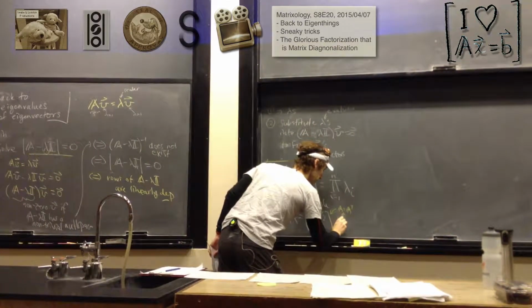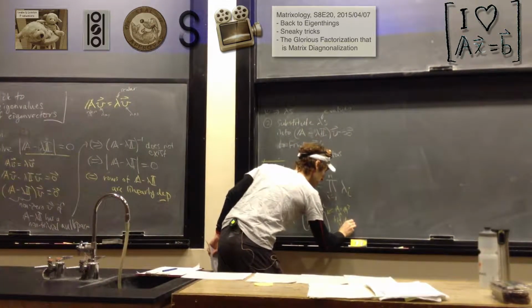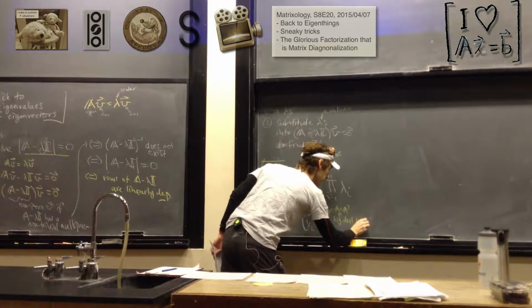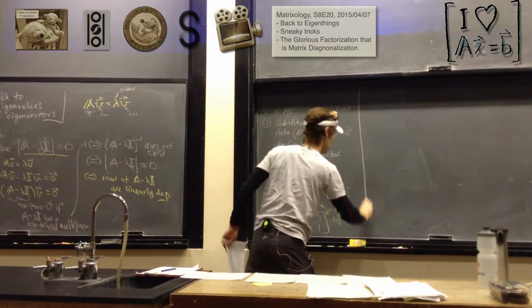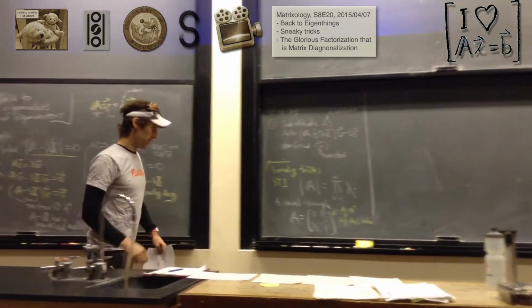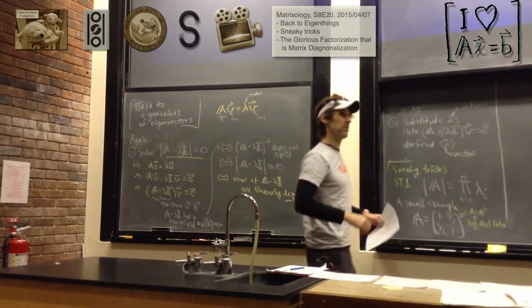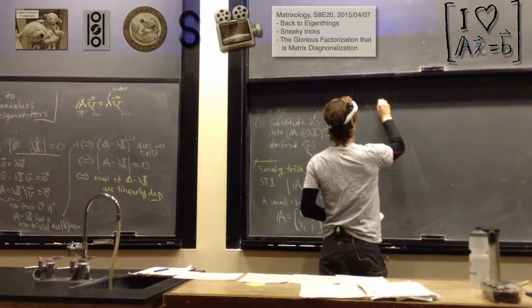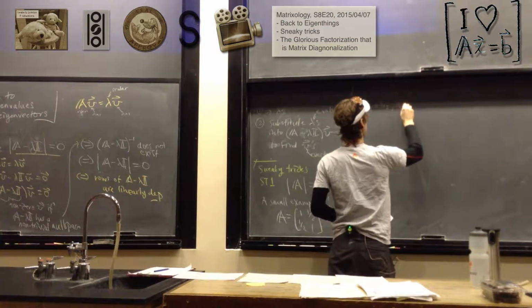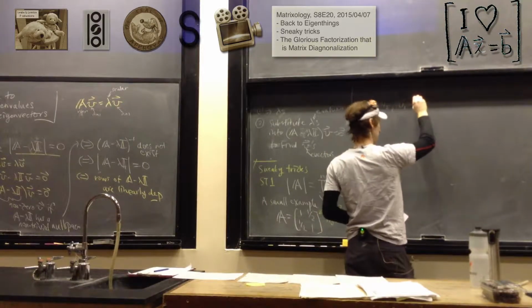That's a huge deal later. Just a little side note, a flag we'll come back to. That's going to be our example. We've worked with this one before, and you find that lambda 1 equals 3 halves, v1 equals 1, 1.